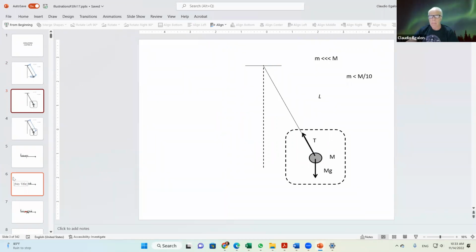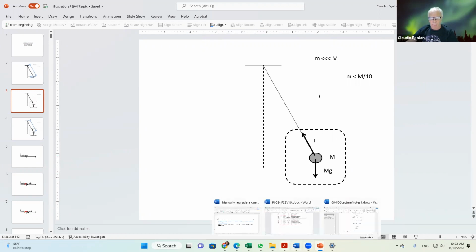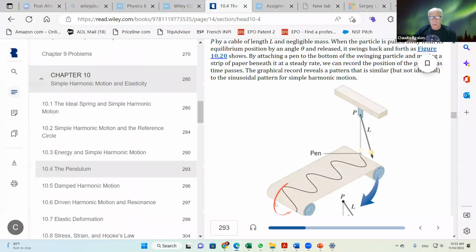Okay. So let's break down this force here. The tension is perpendicular to the motion, right? To the arc. So it doesn't add any energy to the system whatsoever. So here you go.